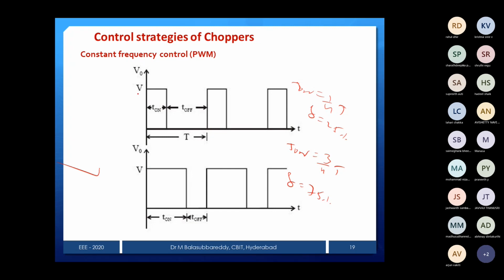That's why it is time ratio control. But we are keeping the frequency constant. You can see that the total time is constant, therefore the frequency remains constant, so we don't affect anything in this case. We keep on changing the on duration, and if we change the T on, the off time will automatically change proportionately. We get delta as variable.